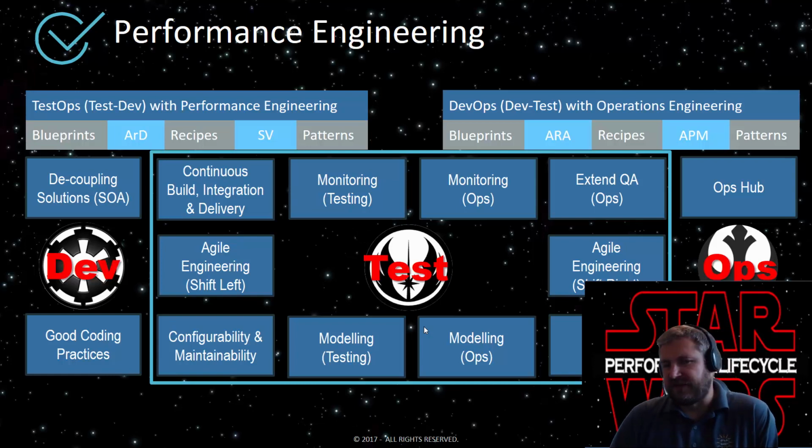You're also involved in your agile engineering area of shifting left and getting testing earlier, which was some of the software development in test or the test in DevOps area. And really, there are only a few boundaries that you don't step into, maybe some of the good coding practices or decoupling service-oriented architectures, or potentially some really heavy ops stuff.